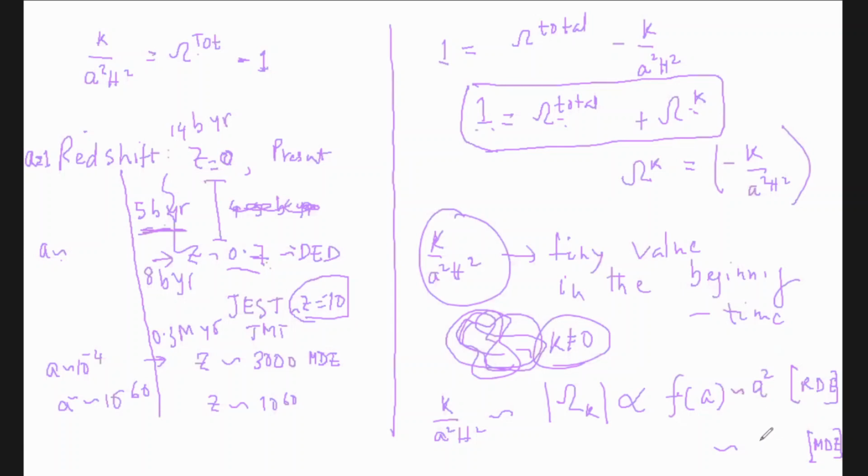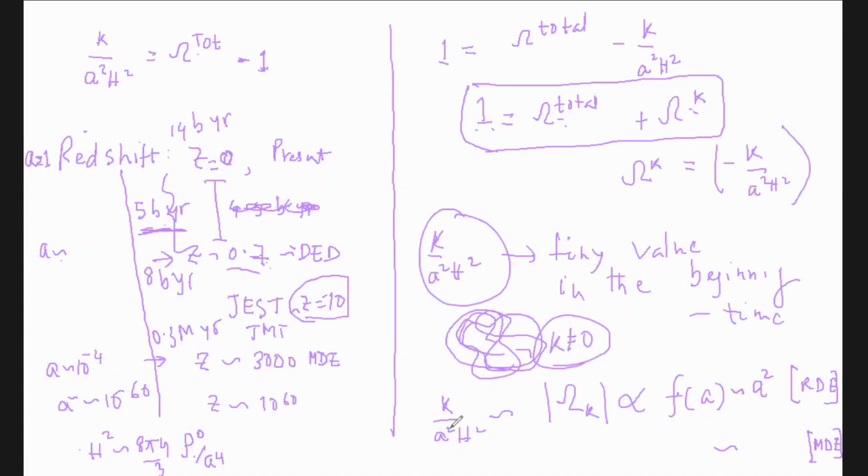And in matter dominated era, how to do it is very easy. H squared is 8 pi G by 3 times rho. And rho radiation goes as rho naught by a to the power 4. This is a squared.